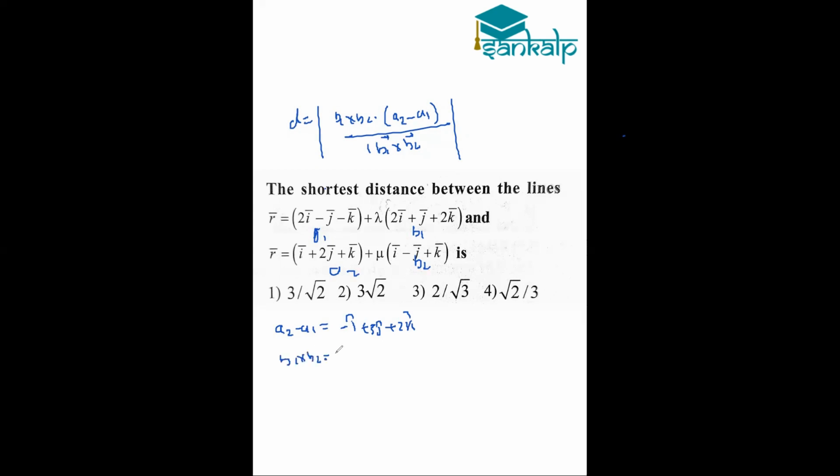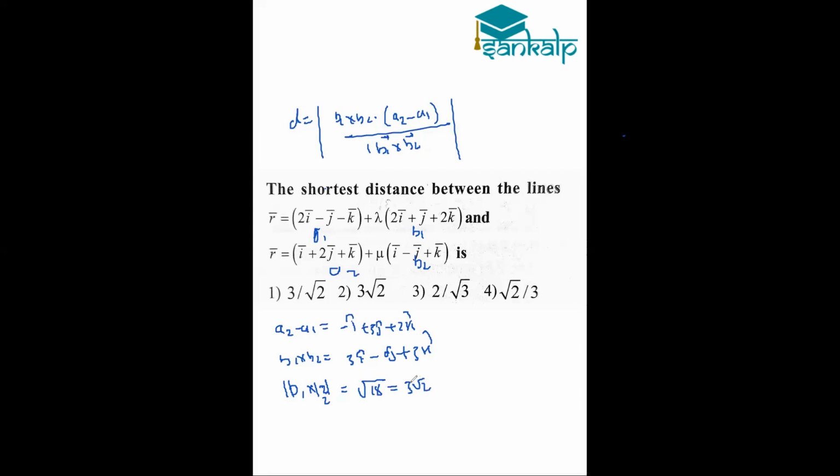If you apply the determinant, b1 cross b2 will be equal to 3i cap minus 0j cap plus 3k cap, and the mod of b1 cross b2 is, 9 plus 9 is 18, root 18. So root 18 can be written as 3 root 2.